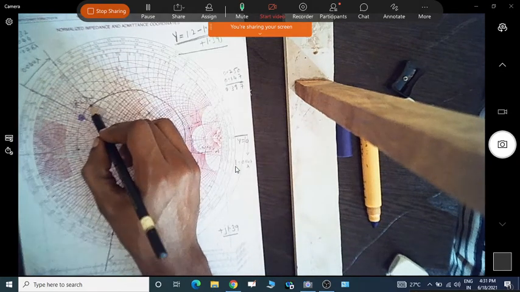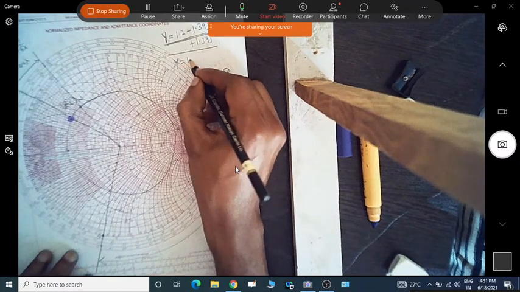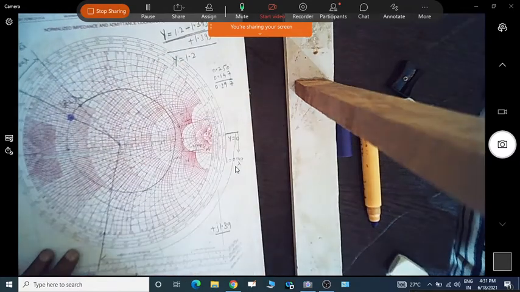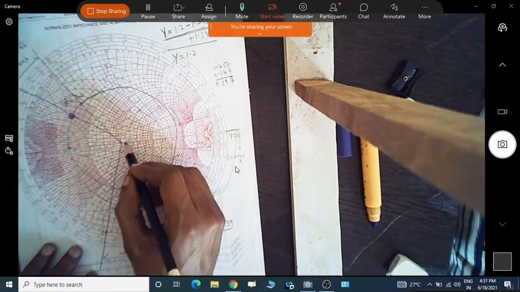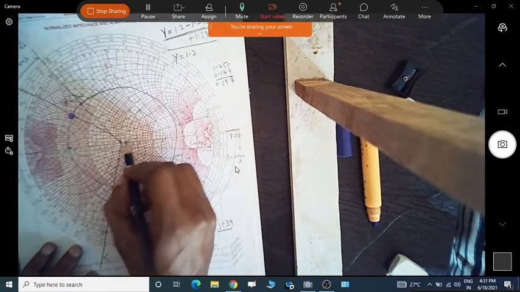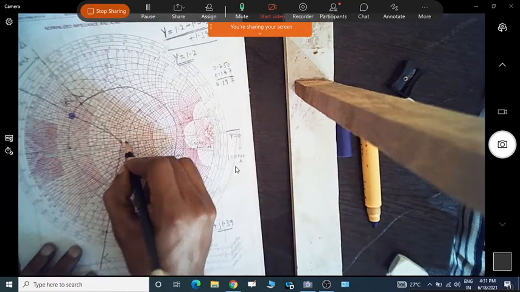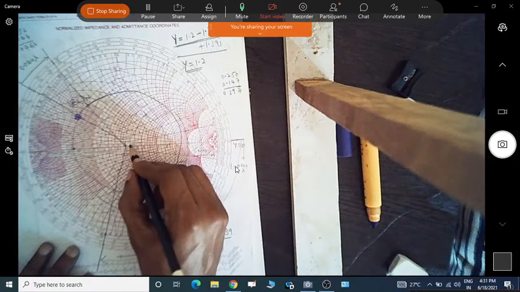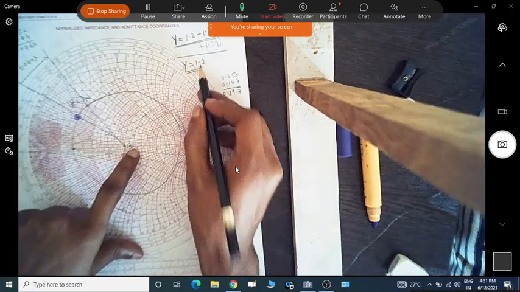Now if I add the susceptance at this point, you will get the admittance value which is 1.2. So somewhere here, the admittance value, only the conductance part is there, around here. This is the admittance value where we get y equals 1.2.